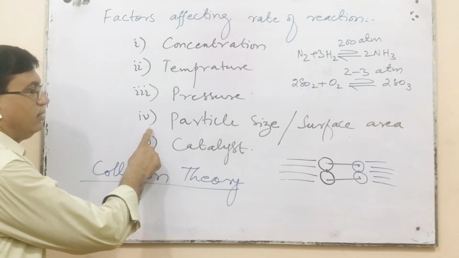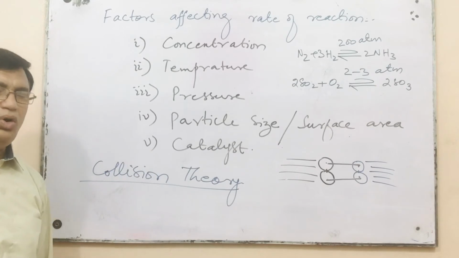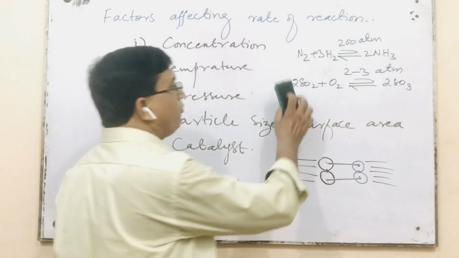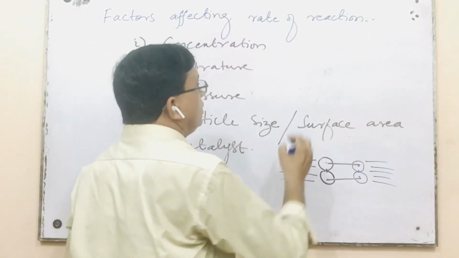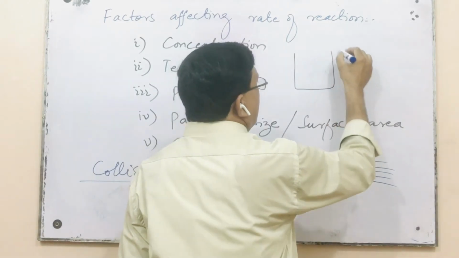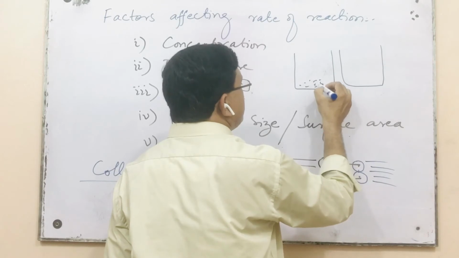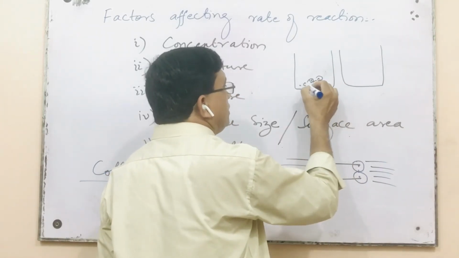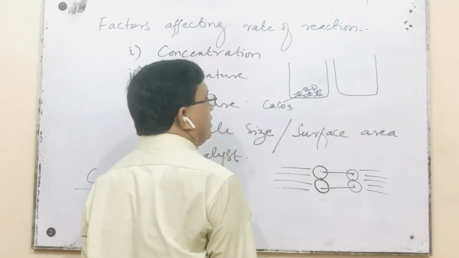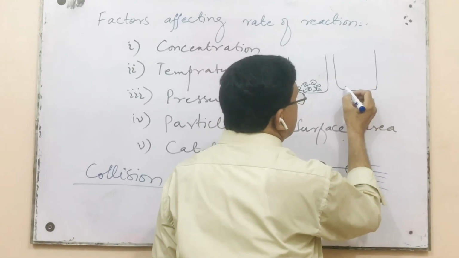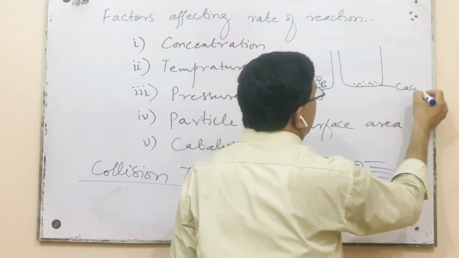This is the fourth one, particle size or surface area. An example of this is, if I take 2 beakers, in one beaker I put larger pieces of calcium carbonate, while in the second beaker there is a powder of calcium carbonate.